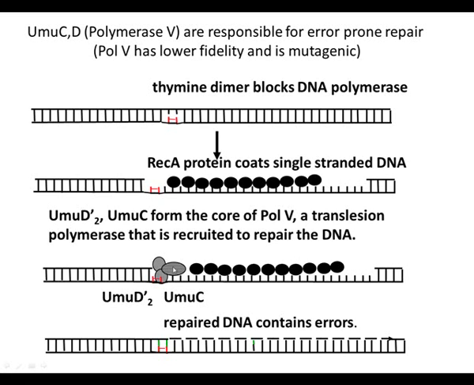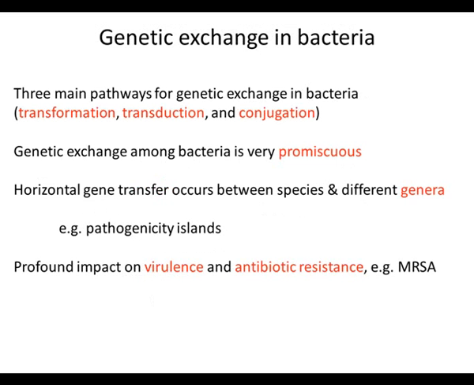Because it's not very faithful, it's able to put something in here where the thymine dimers are, and then it can move along and fill this single-stranded region, and it can make some more mistakes in here. So the idea is you can rescue DNA replication by making some mistakes using a low-fidelity DNA polymerase, and then you're going to introduce mutations, though. But it's better than not replicating the DNA.